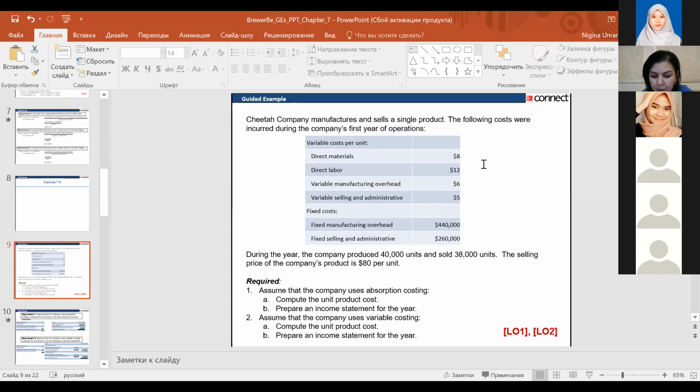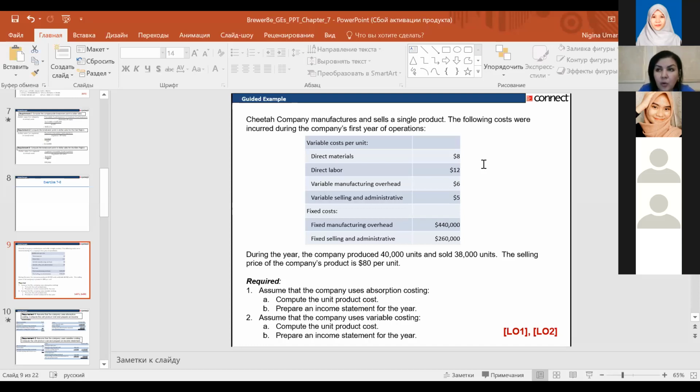So let's multiply. What is the sales revenue? Do you have calculators in front of you? So what is the sales revenue value? 3,040,000. Yes, very good. So for sales revenue, we have the data.